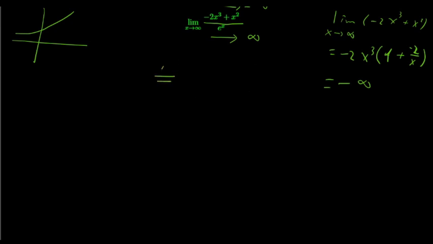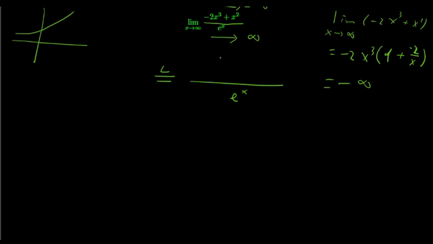apply L'Hopital's rule. And then we differentiate the numerator and the denominator. So the derivative of e to the power of x is e to the power of x, right? Probably you want to open your Math 101 textbook to get all the basic formulas. Probably you need the basic formulas.